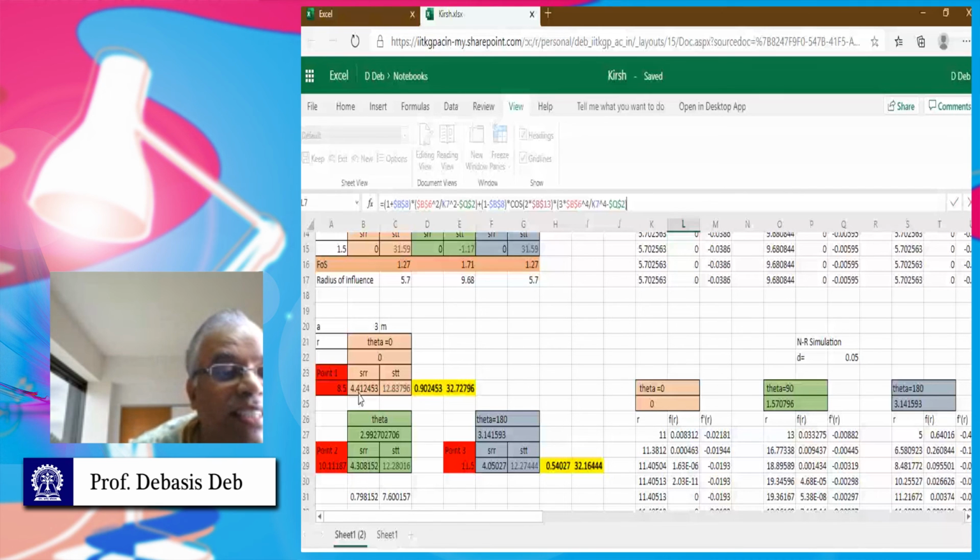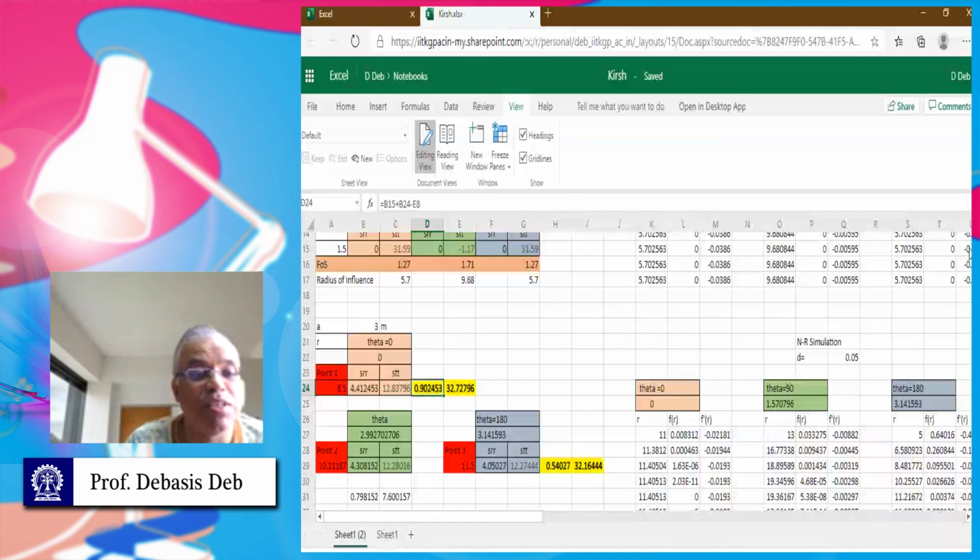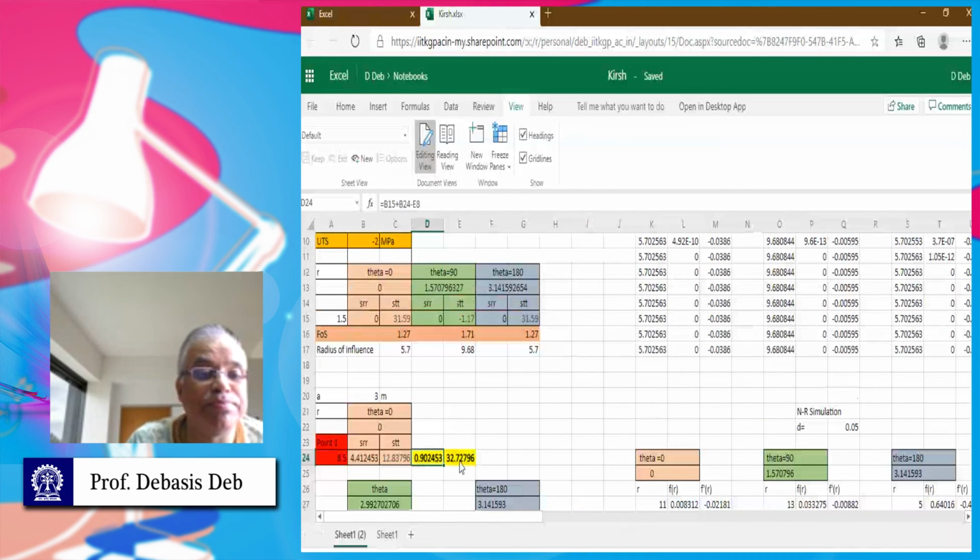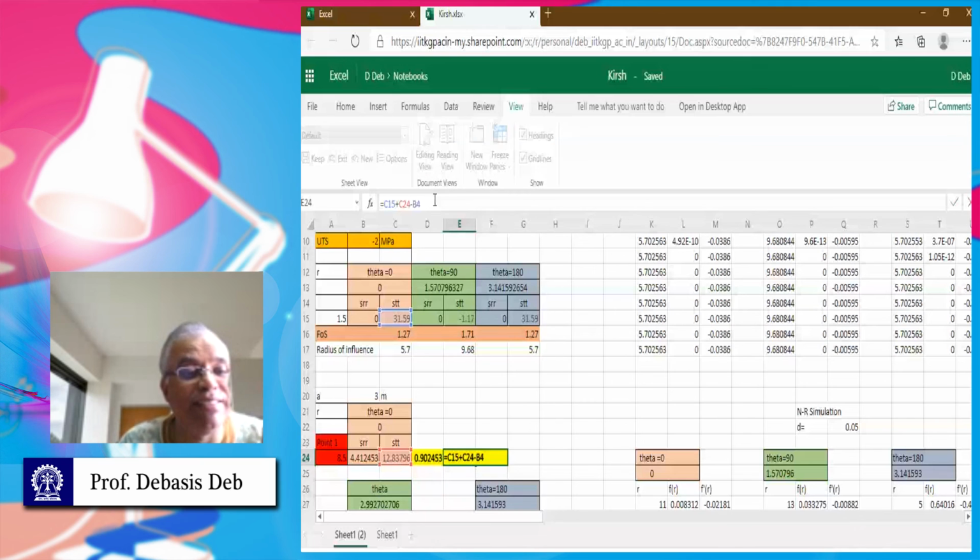Now, once this happens, I have to calculate the stress now combined. First, I show you this one, the sigma theta theta. Here it was 31.59. See what I have done? I have added 3 numbers.